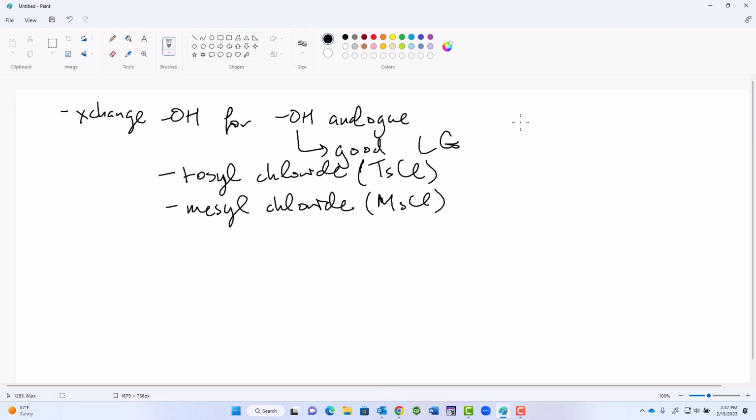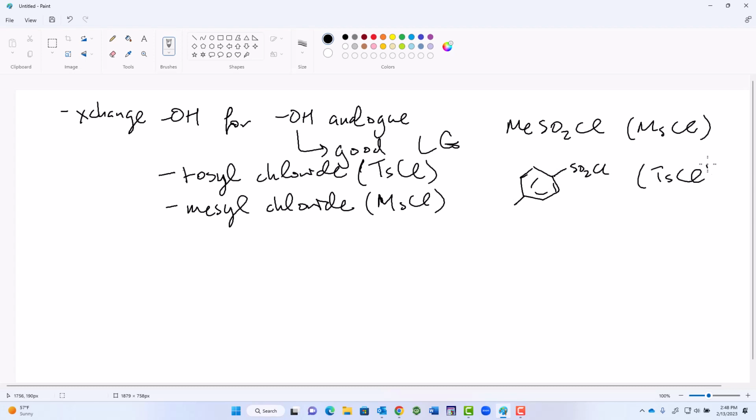The structures of those, mesyl chloride is going to be Me or methyl SO2Cl. So this is MsCl. And then tosyl chloride is going to be what we call a toluene group with the SO2Cl. This would be tosyl chloride.